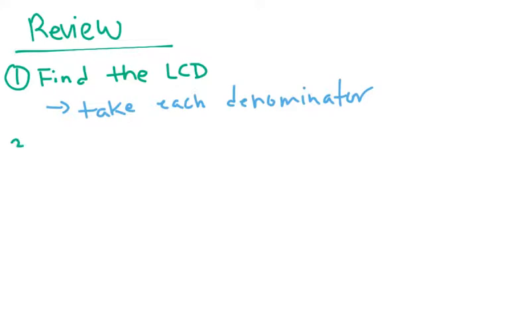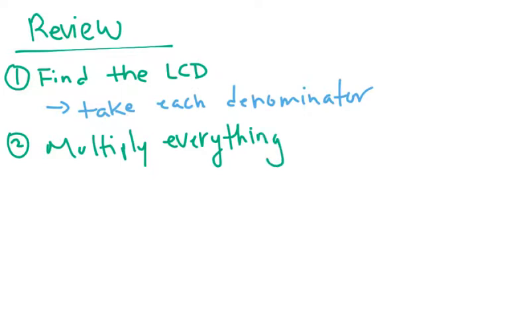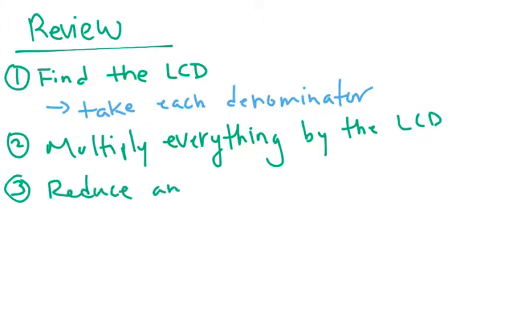Step 2 is multiply everything by the LCD. And the last step is reduce and solve.